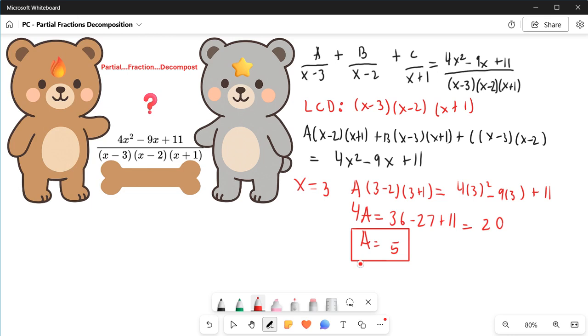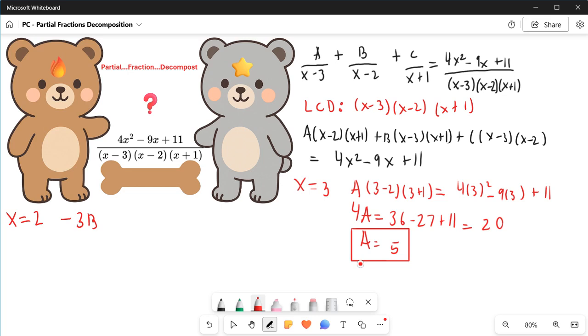So if x is equal to 2, then I know that that's going to be 0, and that's going to be 0. But over here, it's going to give you negative 3B, due to the fact that that's negative 1, and 2 plus 1 is 3, so negative 3.